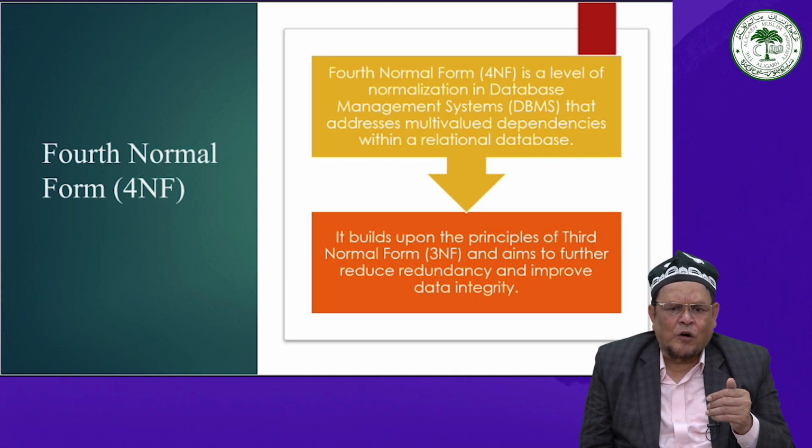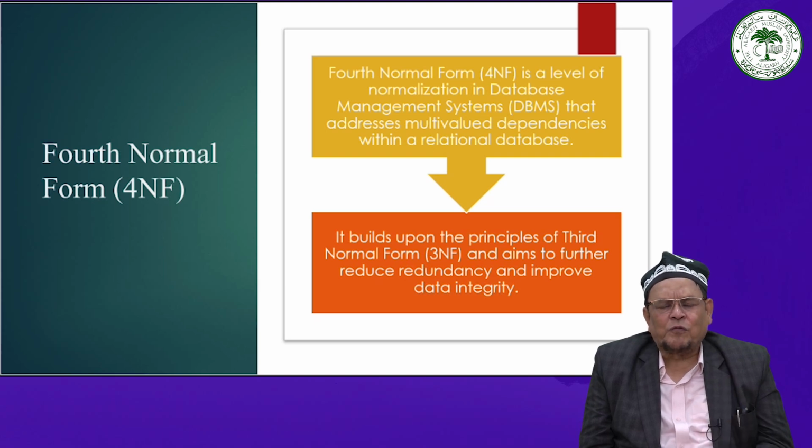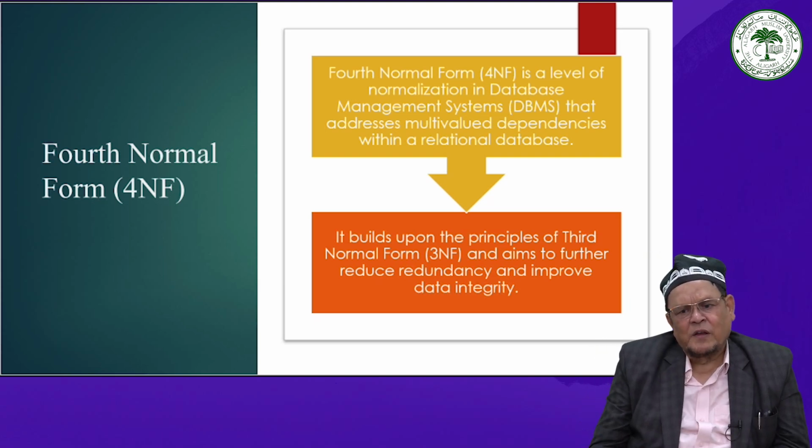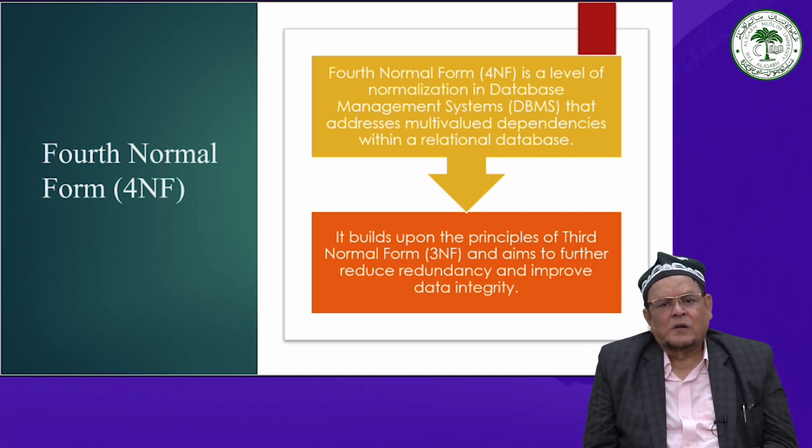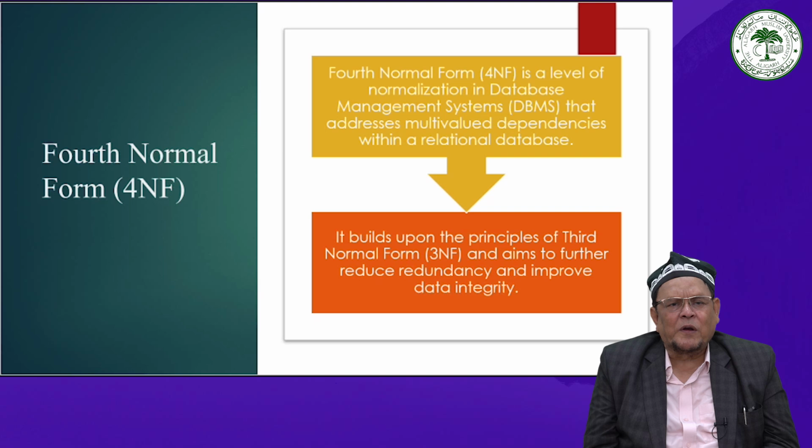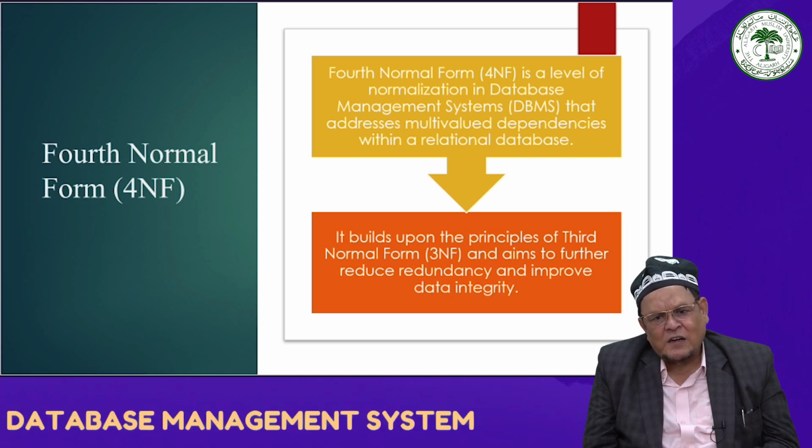In fourth normal form, a table must meet the following criteria. It must first be in 3NF. Before a table can achieve 4NF, it must first satisfy the requirements of third normal form, including being in first and second normal form and having removed the transitive dependencies.